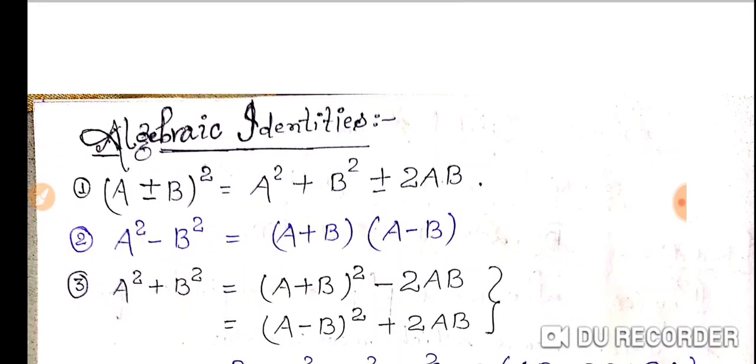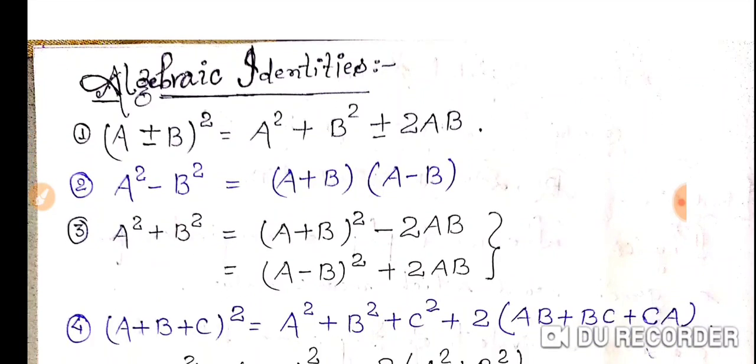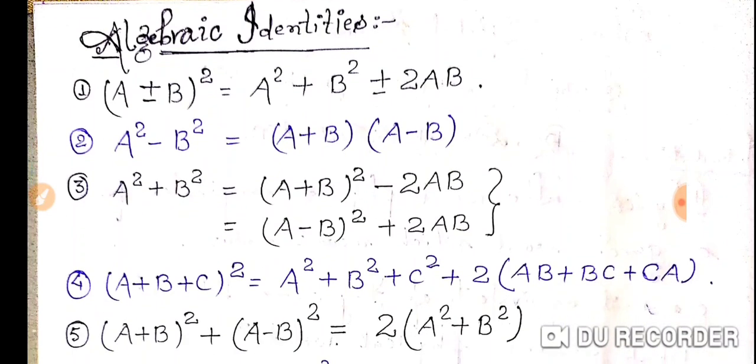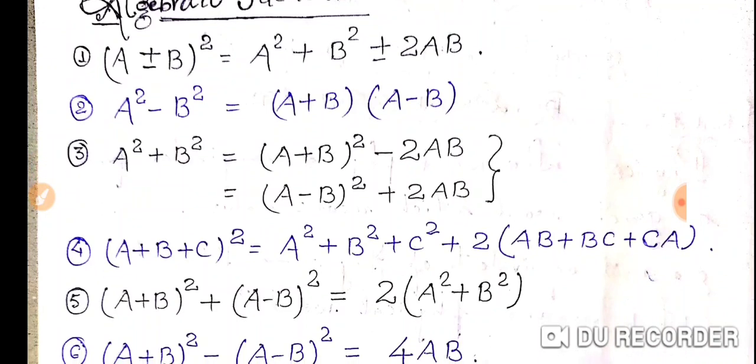Let's begin with algebraic identities. These identities, we have seen in class 7th, 8th, 9th and 10th, and we have also applied these in solving mathematics. All of these identities are very useful in learning physics.